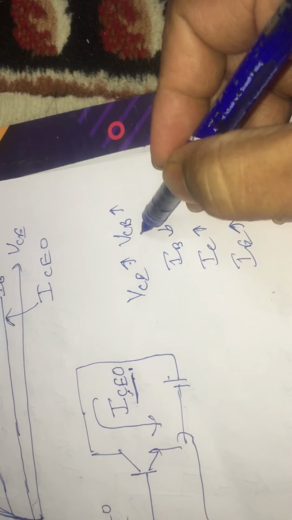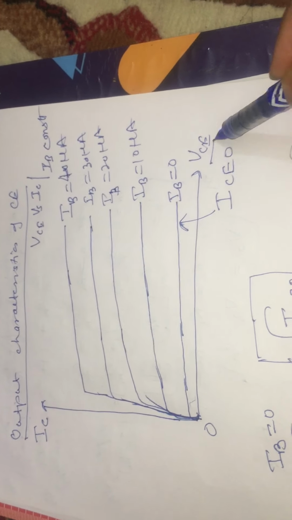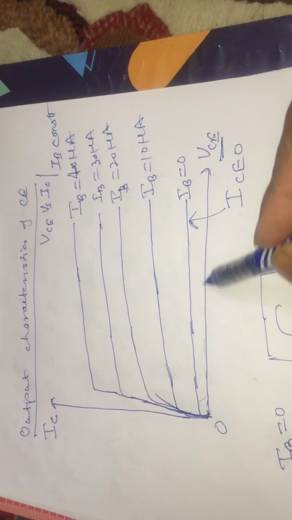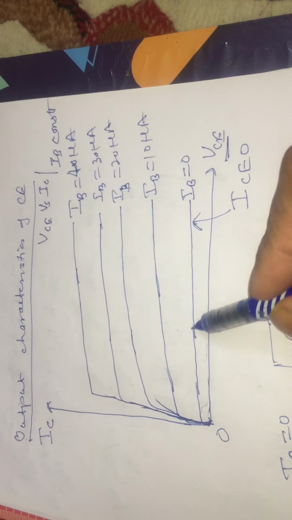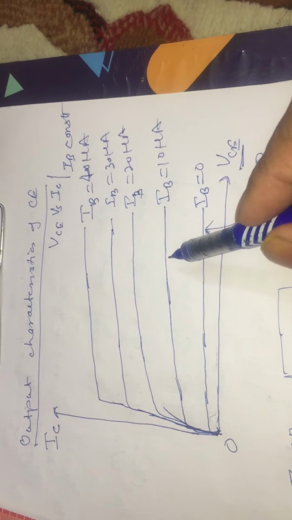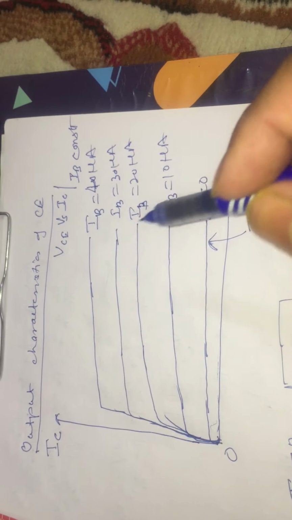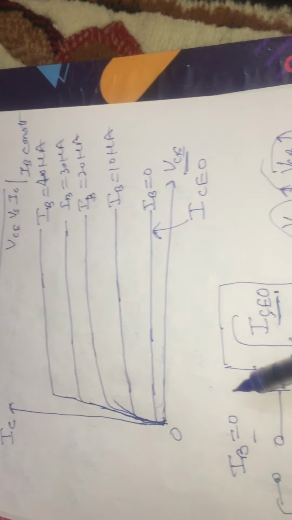This is the early effect. So when VCE increases, VCB increases, which means IC increases. When VCE increases in this direction, the value of IC increases very slightly. We can say it is almost constant, but it is increasing a little bit. This curve is known as the output characteristics.